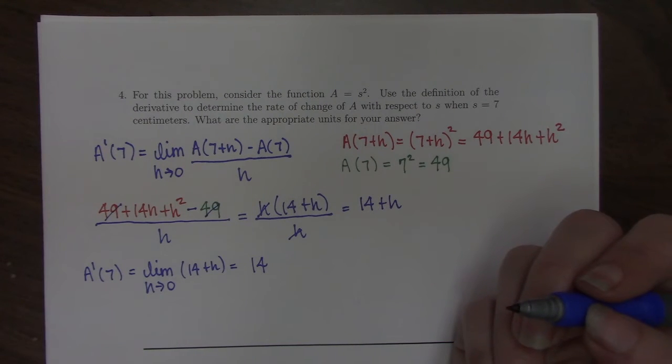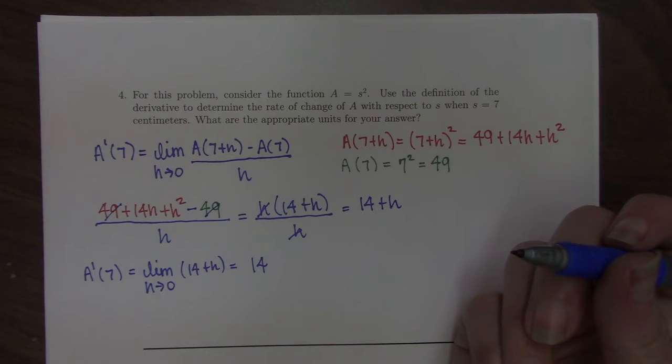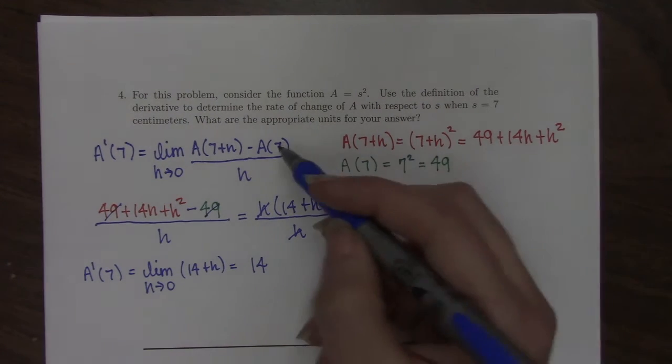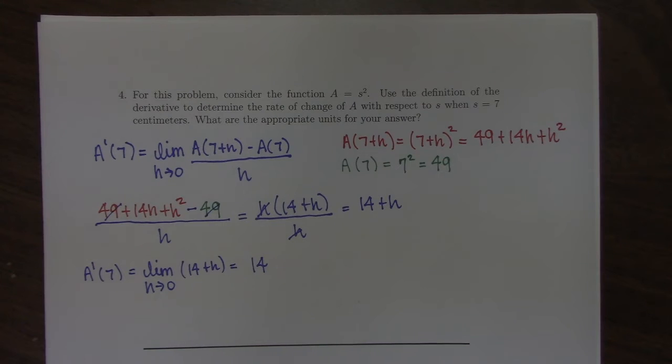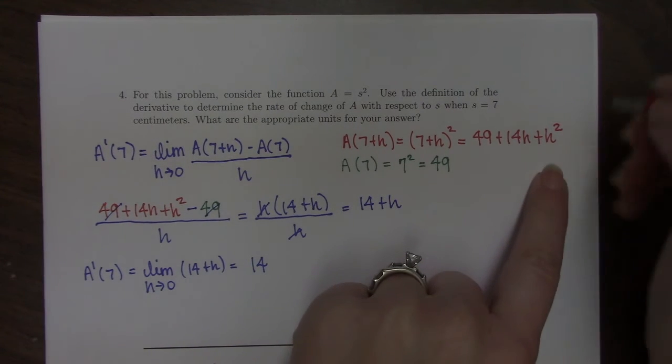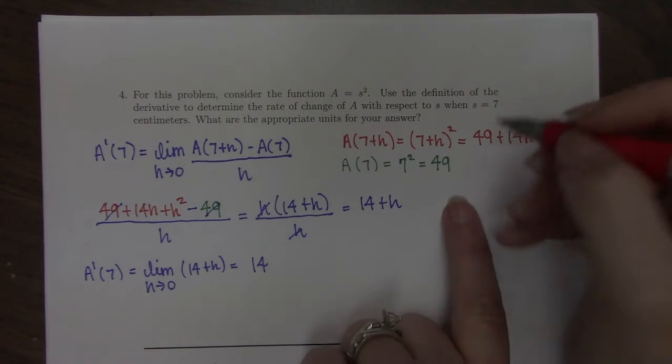One thing it said in here is that s is 7 centimeters. So it also asks us what are the appropriate units for our answer. So a is actually the formula of the area of a square. So that means every time we compute one of these quantities, we're getting centimeters squared. So this is in centimeters squared.